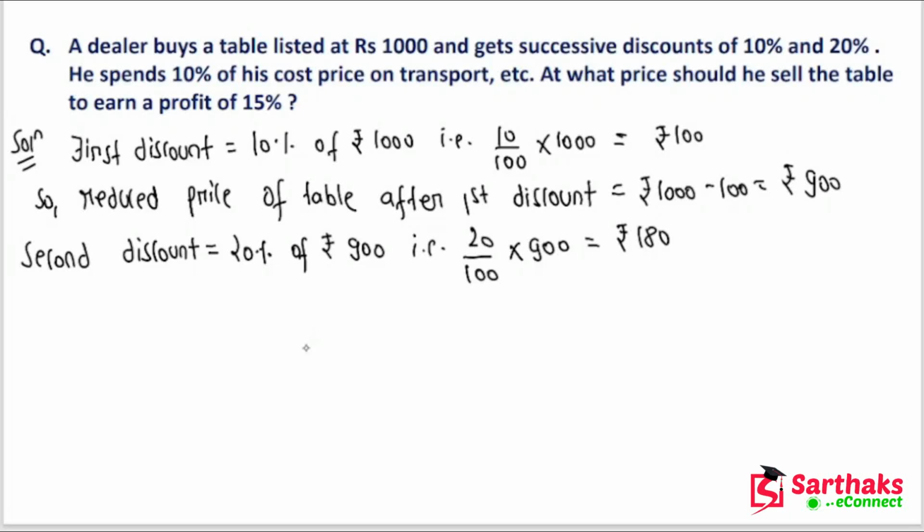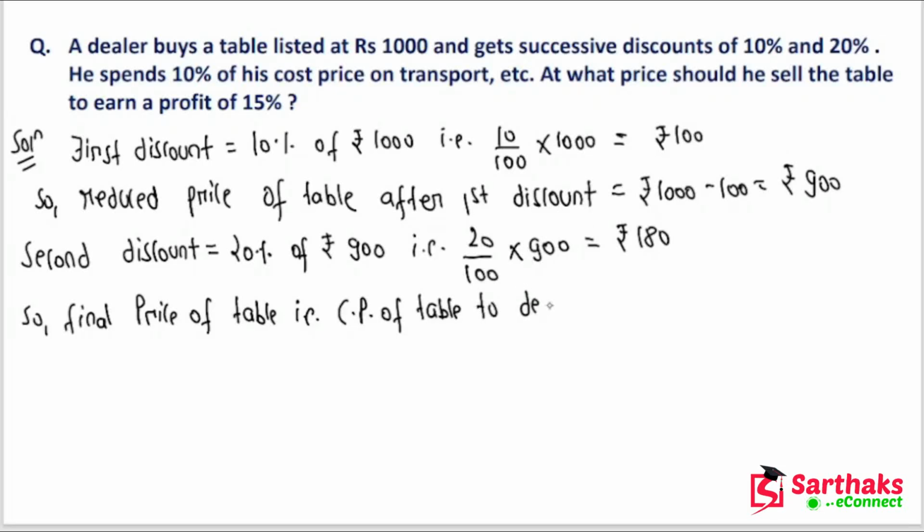That is the price at which he has actually purchased the table. The cost price of the table to the dealer is ₹900 minus 180, which is ₹720. So this 720 is now the final cost price to the dealer.